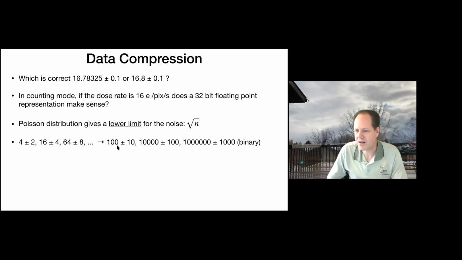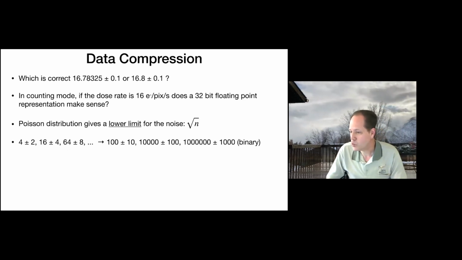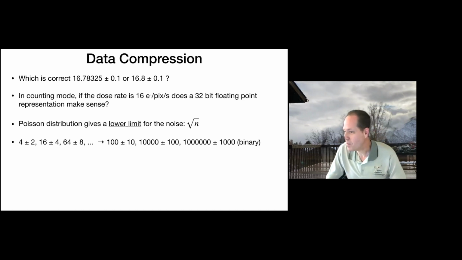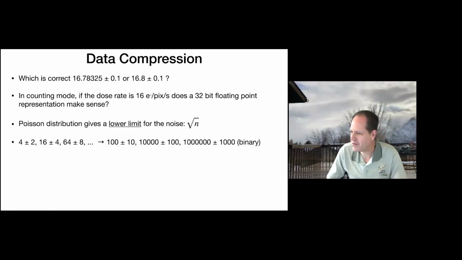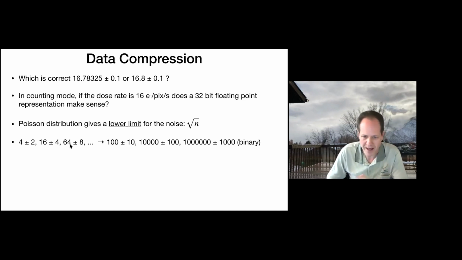If we represent that as binary, then we can immediately see that if our maximum number of counts that we need to worry about is say 64, then we really should have basically 1 million, call it, plus or minus 1,000, meaning that we only need 4 binary digits to represent that data, with a maximum value of up to 64.